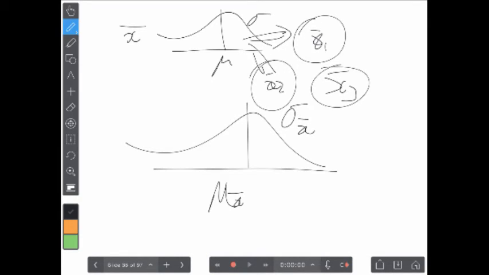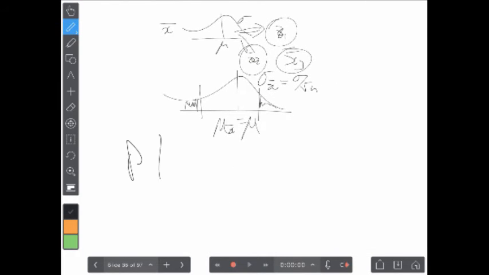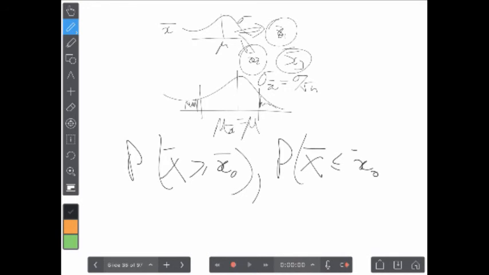And we have a theorem that says if the population standard deviation is known, then that sampling distribution is normal with a standard error of sigma over the square root of n and a mean that is the same as the population mean. All right? And anytime we're interested in finding probabilities under that curve, we would simply state the probability of the random variable x bar being greater than or equal to some value, or the probability of x bar being less than or equal to some value, x bar 0.